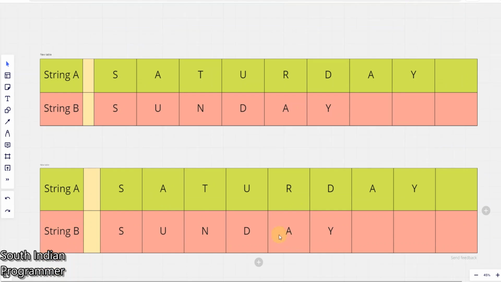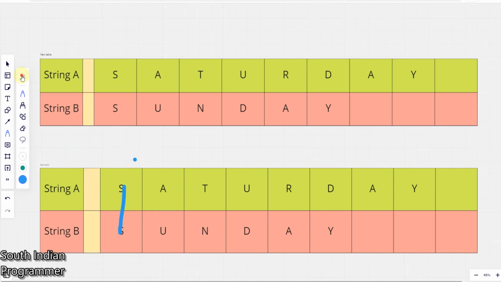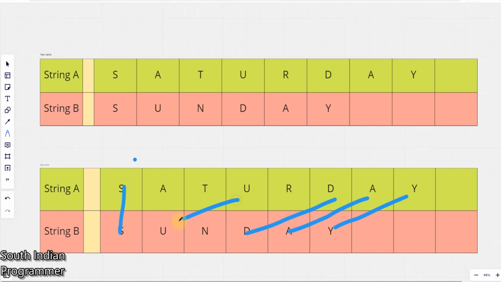So in this example we can see you have the same S, so S will come like that, and A I don't have here in this one. Here you can see D is there, Y is there, and U is there.